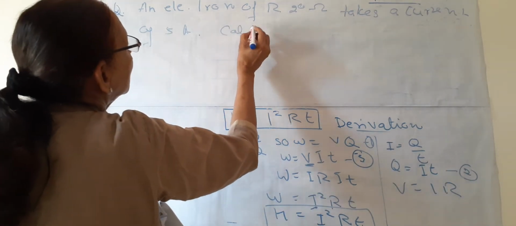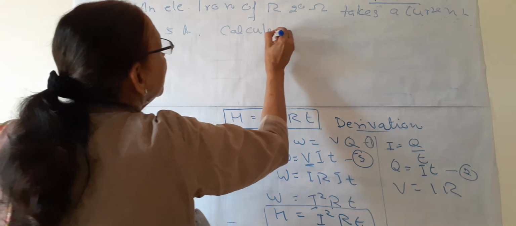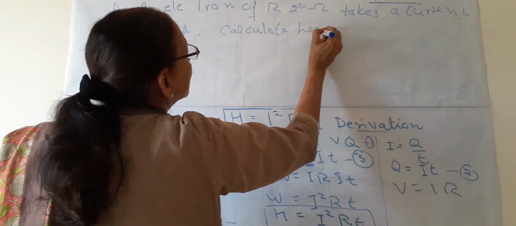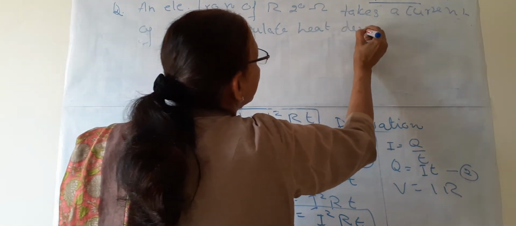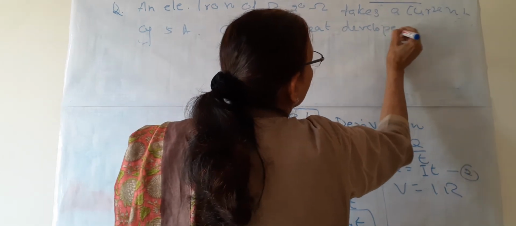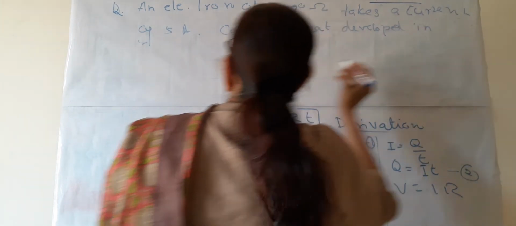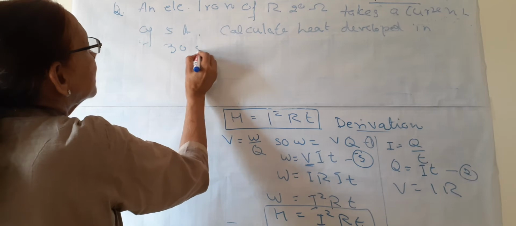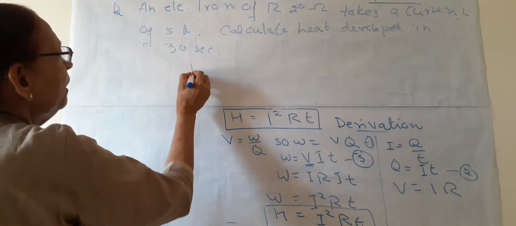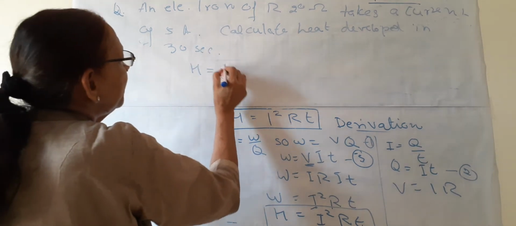Calculate the heat developed in 30 seconds. So very simple, we will apply a direct formula.